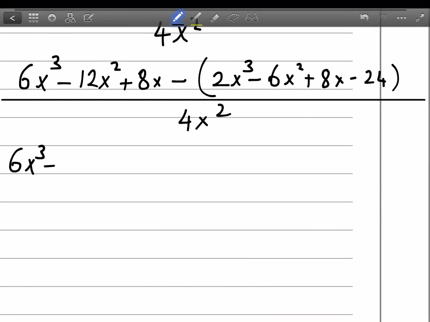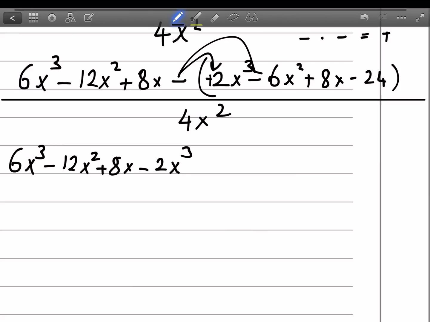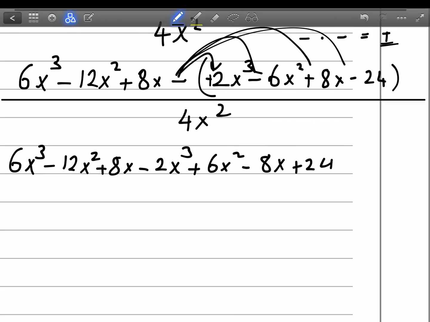We continue with simplification. 6x cubed minus 12x squared plus 8x, minus 2x cubed, plus 2 times a minus sign multiplied gives a positive sign, positive 6x squared, and minus 8x and plus 24, over 4x squared.